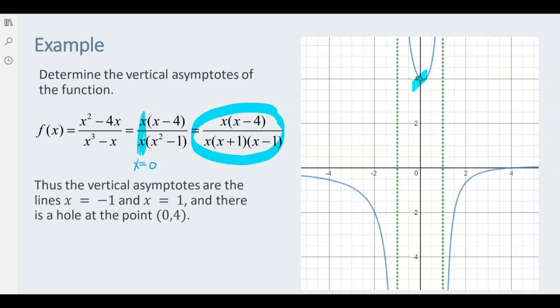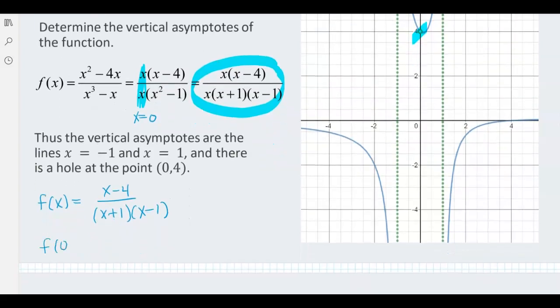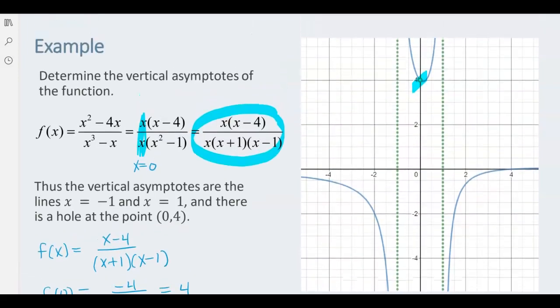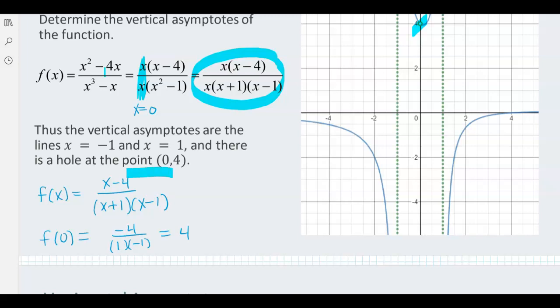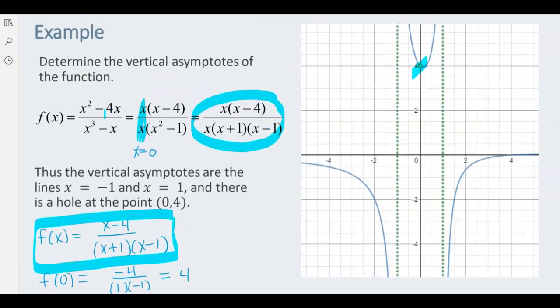Because I was going to end up getting 0 there. f of x, the modified version, will be x minus 4 over x plus 1, x minus 1. Now plug in 0. And I'll get negative 4 over 1 and negative 1. So I'm getting 4 as the output value. So again, don't plug it into the original version, because that's going to end up equaling 0. I've got 0 over 0. You have to plug into the version where you've simplified the polynomial to figure out what the output value is.